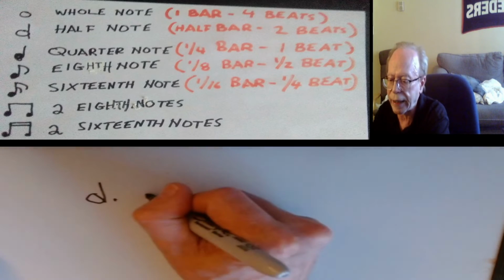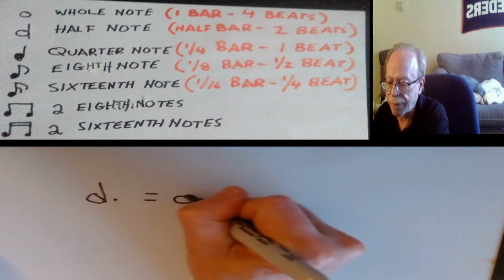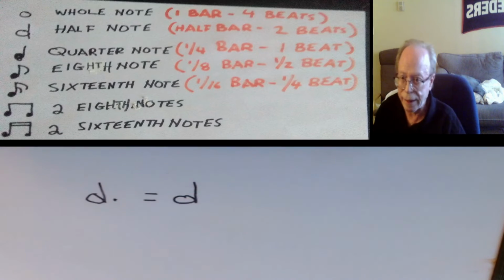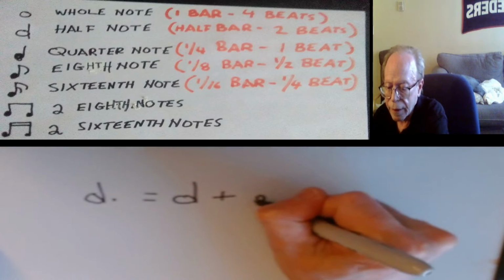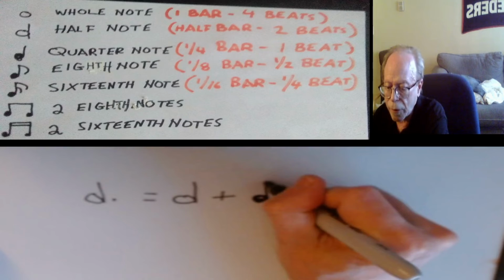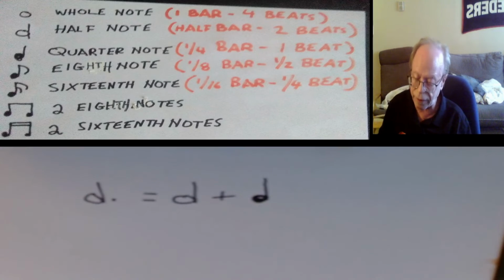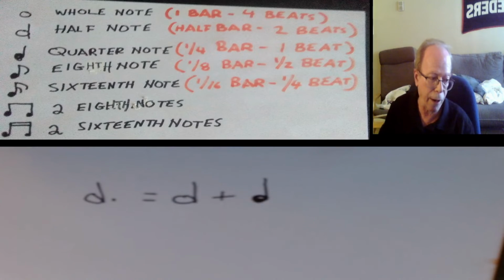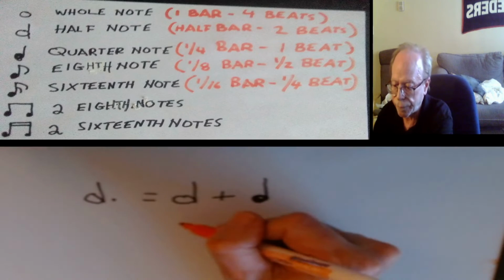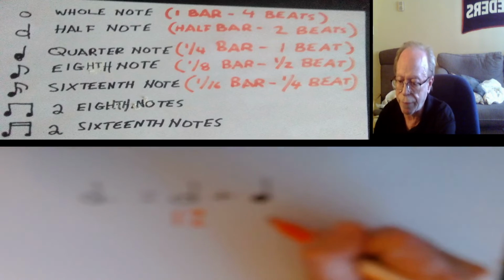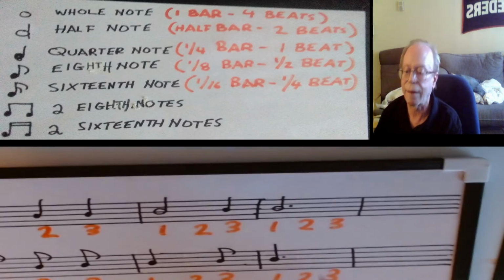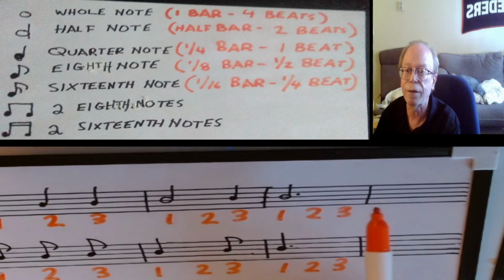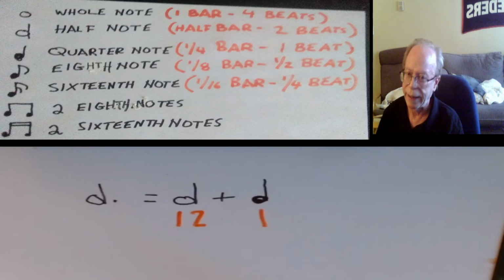So what you're getting here is a dotted half note is the half note plus what is half of a half note? You're getting a quarter note. So what does that all entail? There you're getting 3 beats to the bar, right? 2 here for the half note and 1. So what did we say before? There it is, the dotted half note, 3 beats, all right?